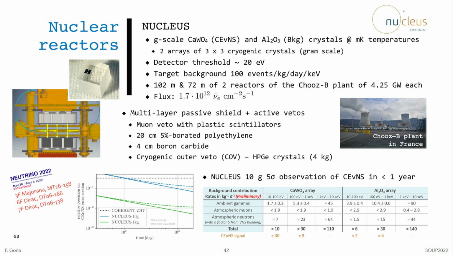So using very small detectors and aiming at tens of electron volts in threshold, they can really explore deeply this channel, and there are a number of physics cases within reach of this kind of detectors.